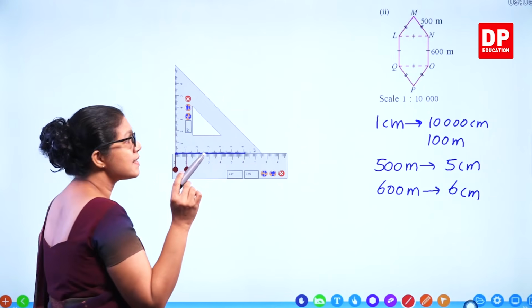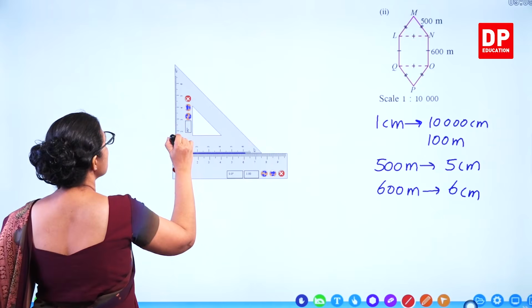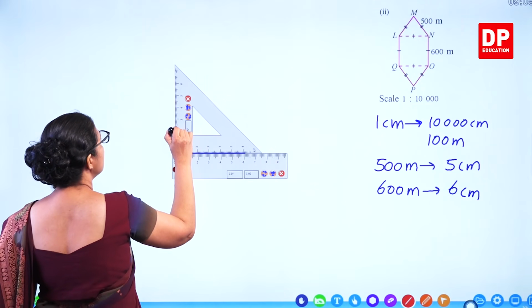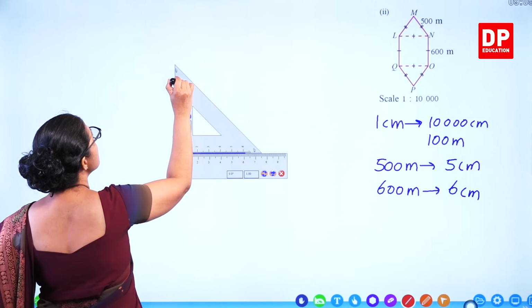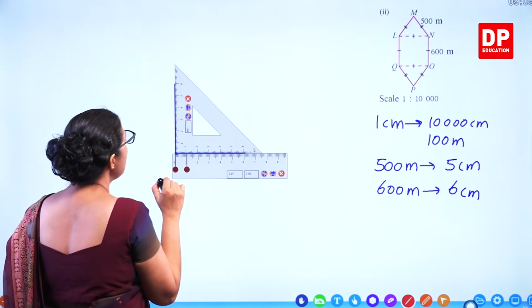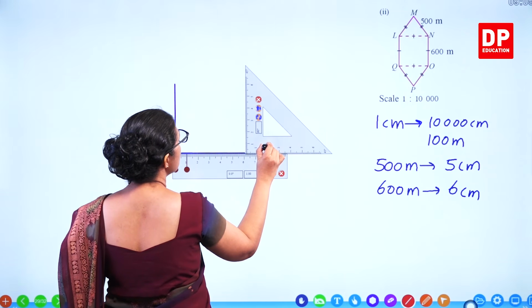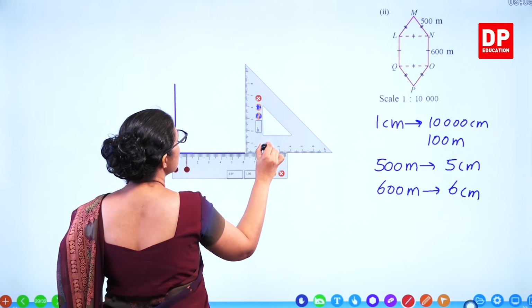What's the height here? 6 meters again. That means 6 centimeters. So here to here, 6 centimeters. And then again, we need to draw the 6 centimeter length to this point as well.